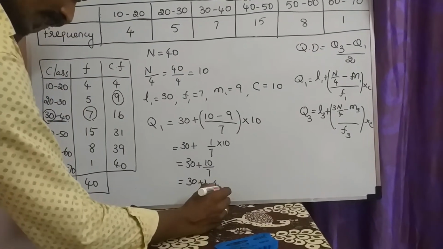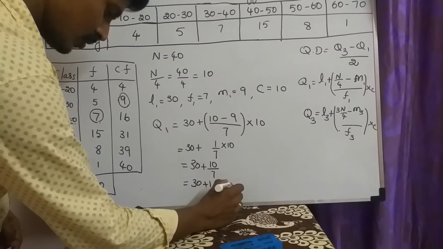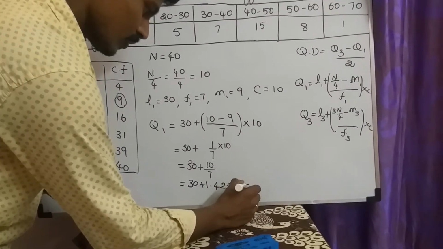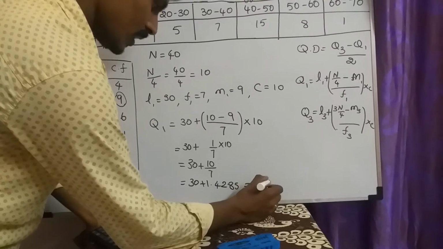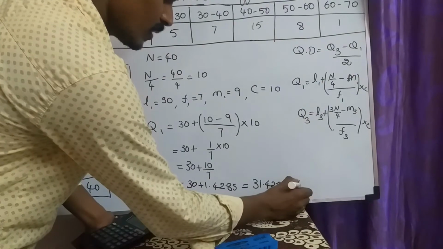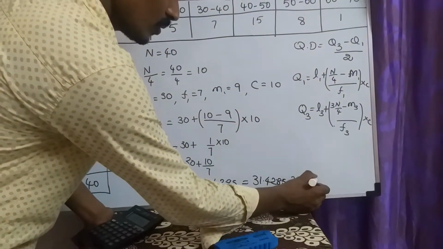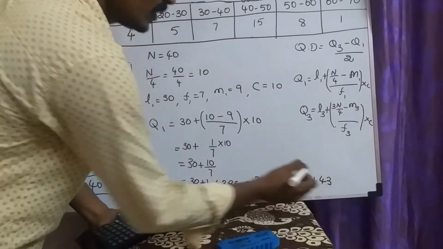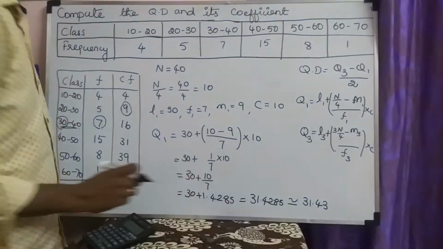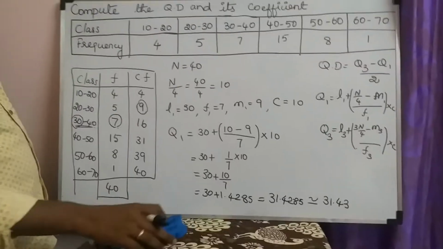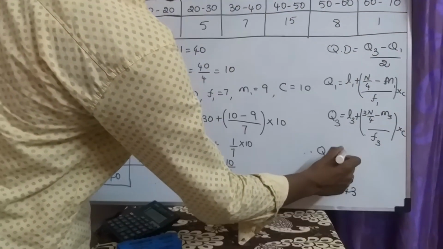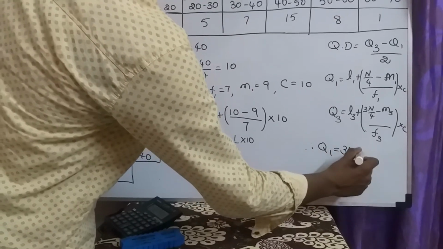So 2 decimal places is enough. 30 plus 1.4285 equals 31.4285. The approximate value is 31.43. So here we take 2 decimal places only. So write that 31.43. Therefore Q1 is 31.43.